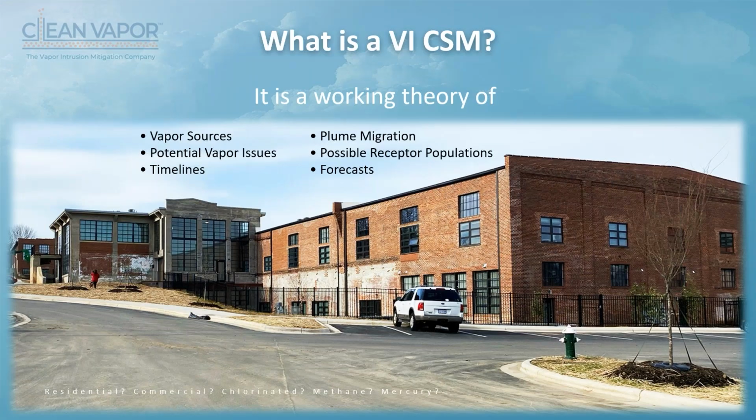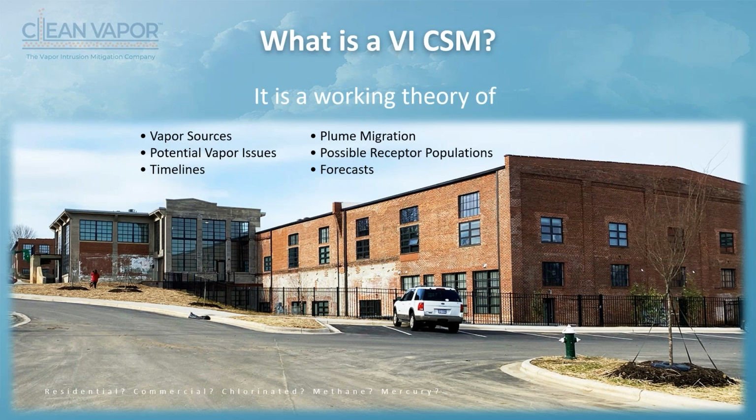So let's back it up a little bit, and we're going to talk about the CSM, which is the conceptual site model. This is the part where, if you're a vapor intrusion mitigation designer or installer, you kind of defer back to the environmental consultant. What they're going to do is take the 10,000-foot elevation look at this site and ask, what are the contaminants in the ground?